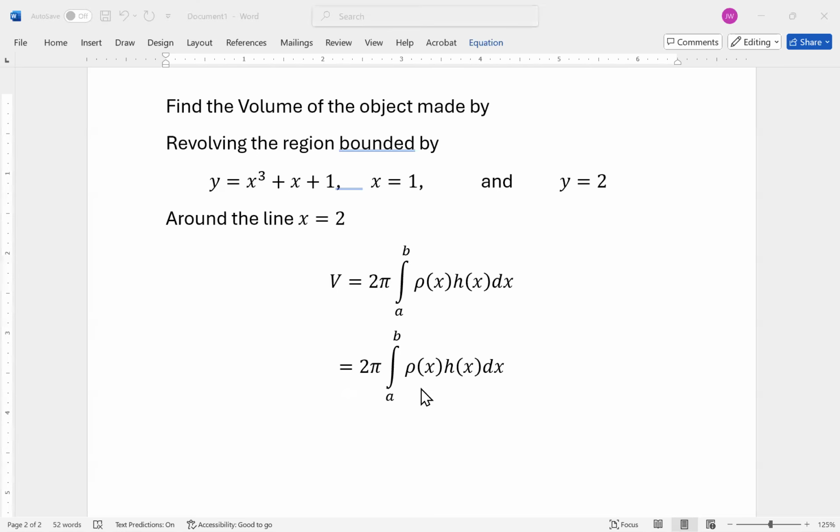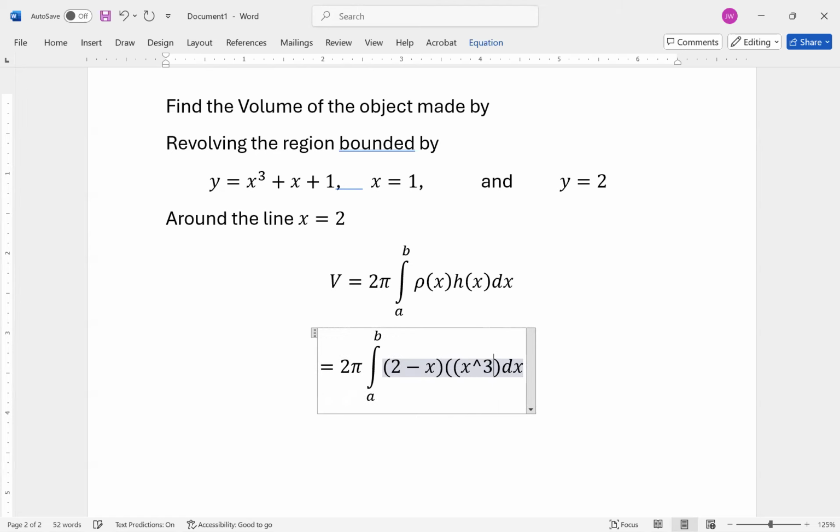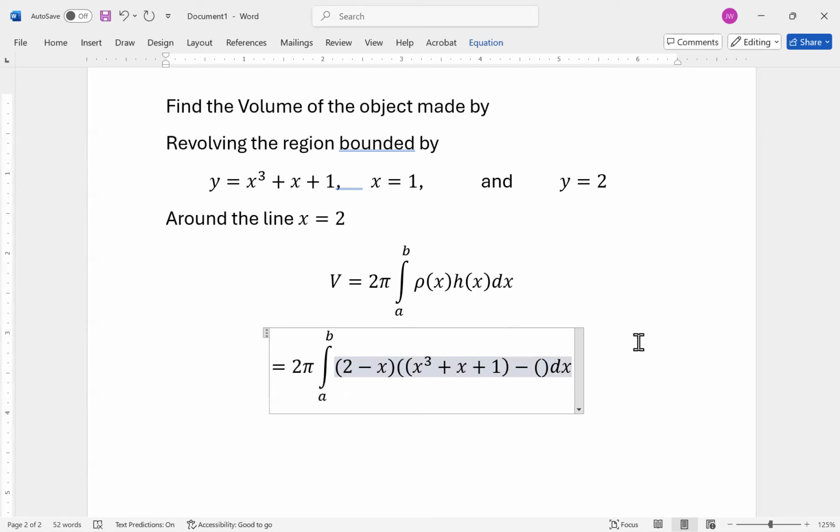Now I am ready to integrate. So my radius, like we said, is 2 down to some arbitrary x value. The height of the cylinder, which is the height of that rectangle I drew, is going to go from x to the third plus x plus 1 down to y equals 2. Again, top of the rectangle to the bottom of the rectangle.